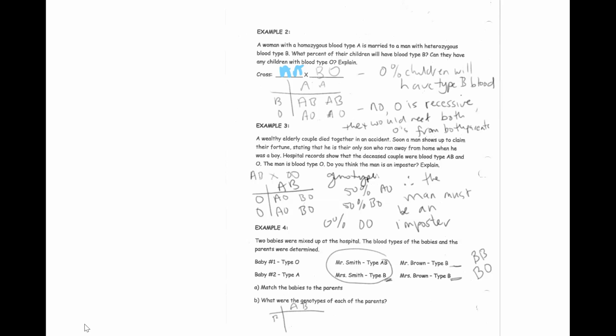So we could make Mrs. Smith have her genotype be big B, big B. So we would fill in this Punnett square, and all the possible offspring would be 50% AB and 50% BB, which is 50% type AB and 50% type B. And neither of these babies are type AB or BB. So this is not going to work.